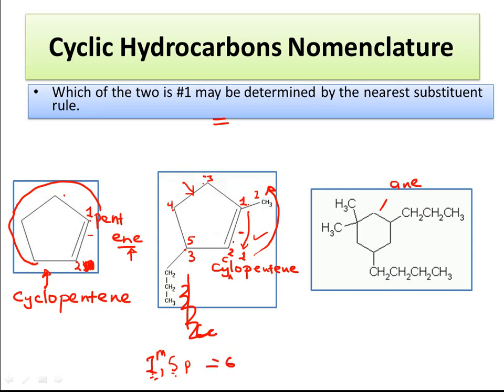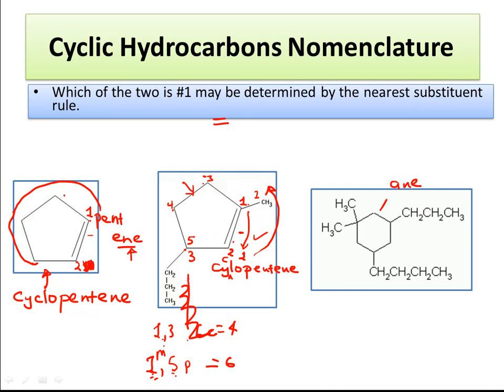But if I come this way, I'm going to end up with 1, 3, which is the best possible option, because the sum of those locate numbers becomes 4, which works out perfect for me. So this is the best way to number that. So the question of which one is number 1 is determined by the locate number rules. We have to strive to get the lowest possible locate number all the time.